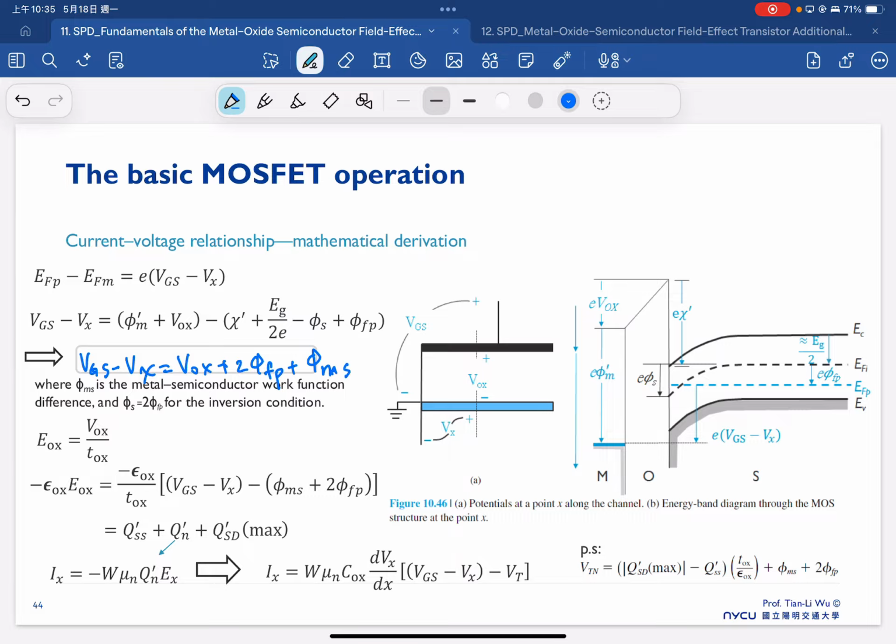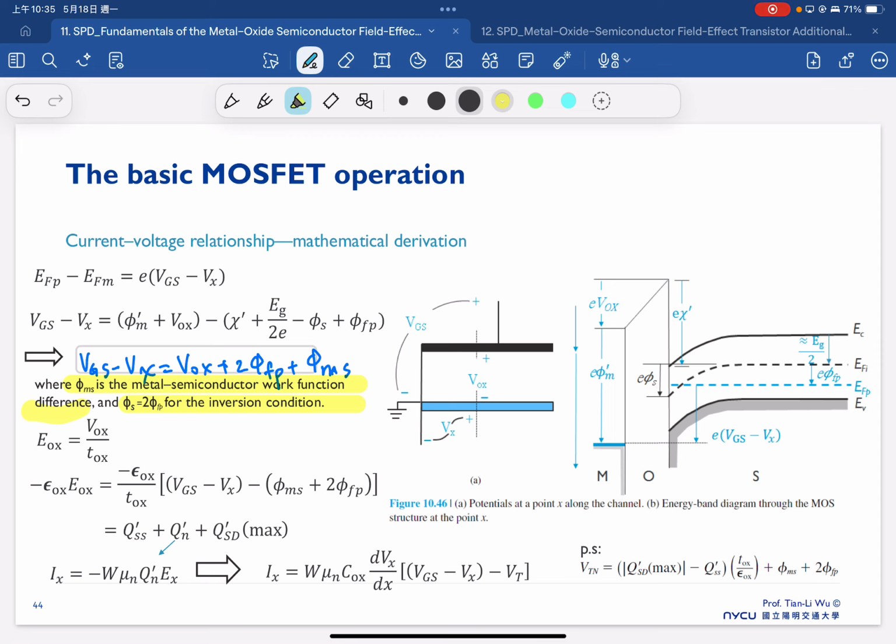This takes into account the metal-semiconductor work function, and phi s equal to 2 phi Fp is the condition to reach inversion, which we already derived in the previous lecture.